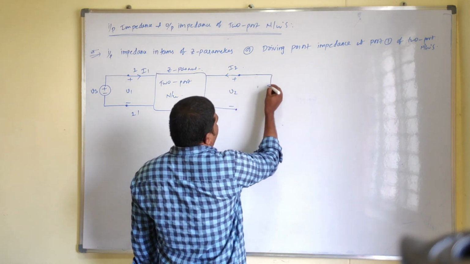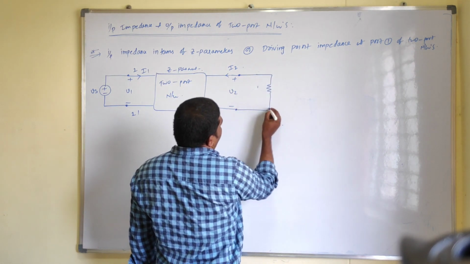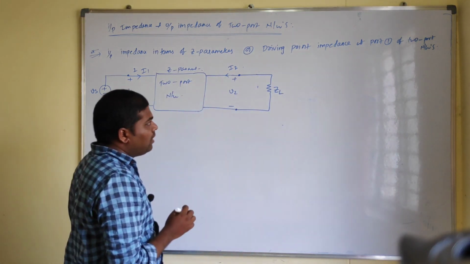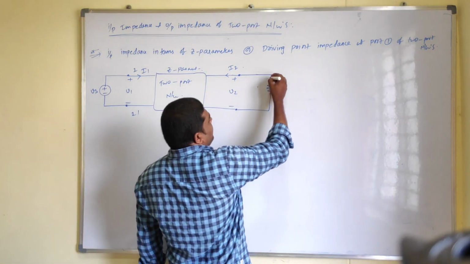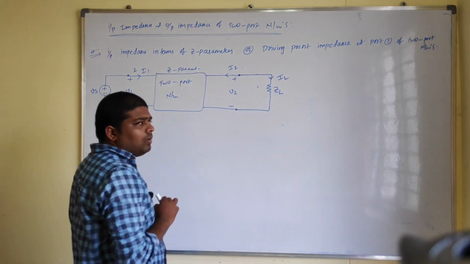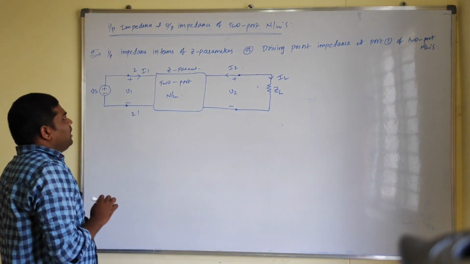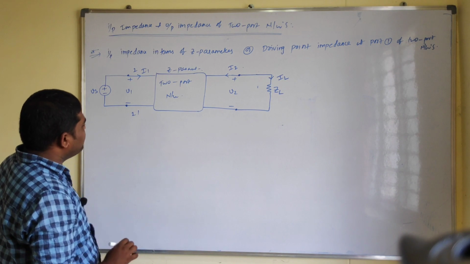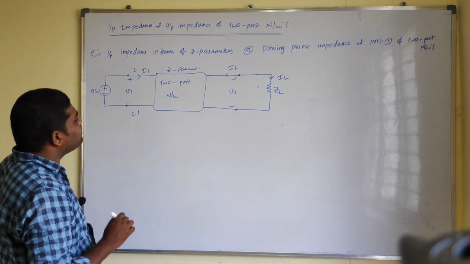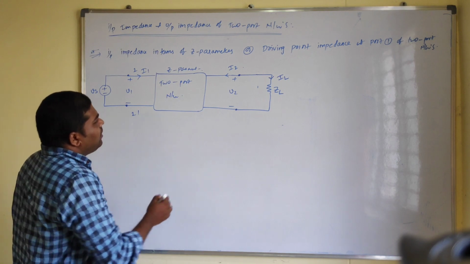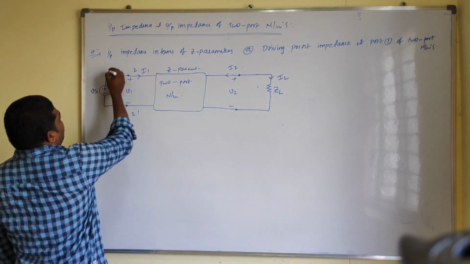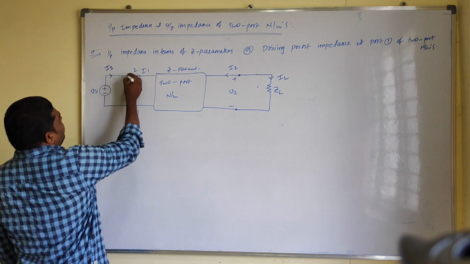The load current can be indicated with IL. Now observe here: we have some source current, that is IS, and here we have one node.